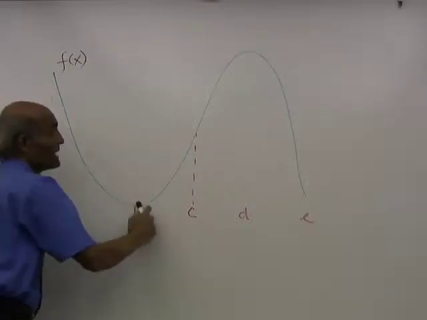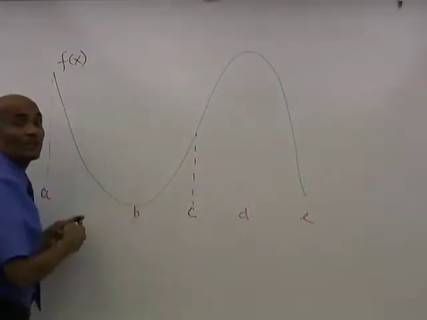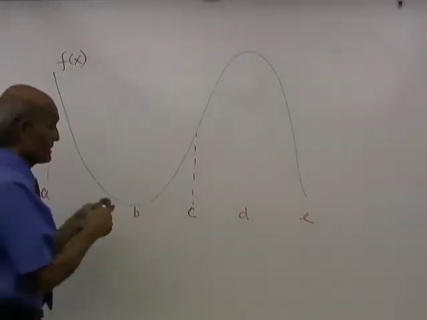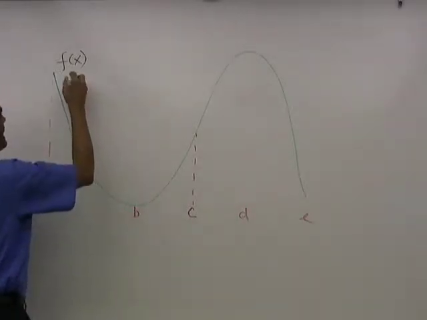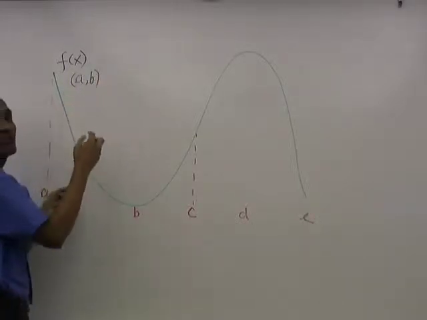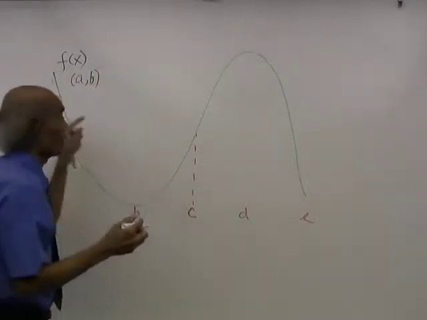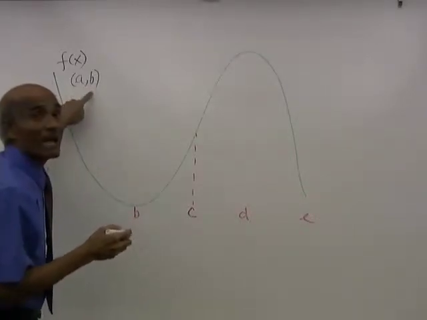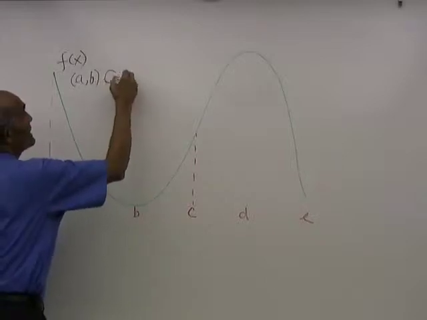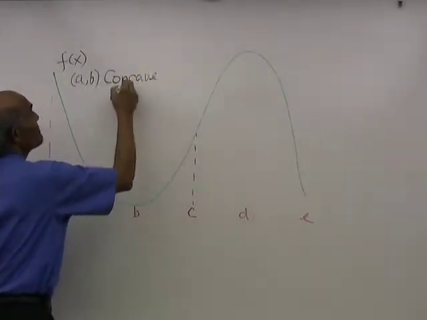From x equal to a to x equal to c, the graph of the function is concave up. So I can say on the interval AB, this is the way we write normally the open interval. On the open interval AB, the graph of f of x is concave up.